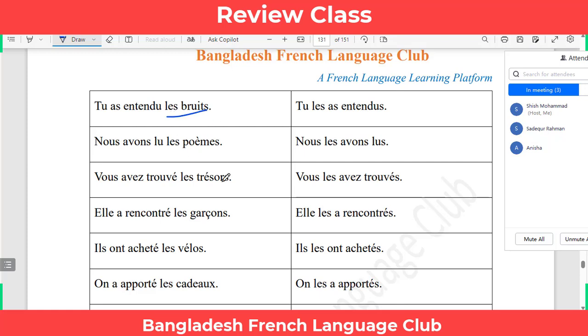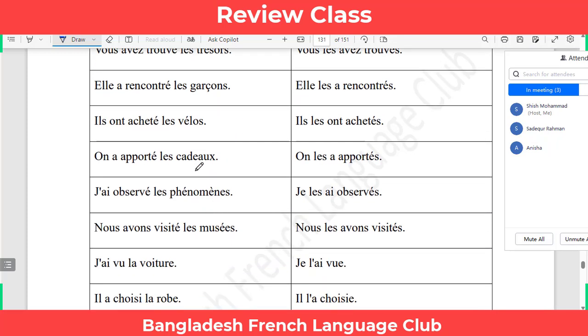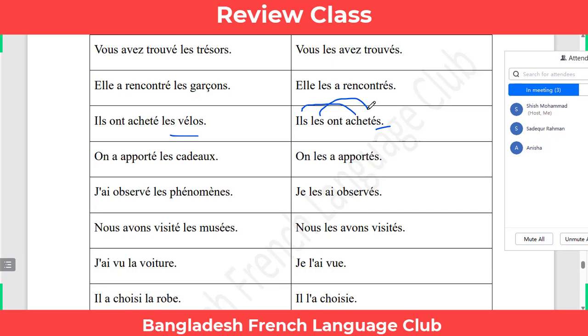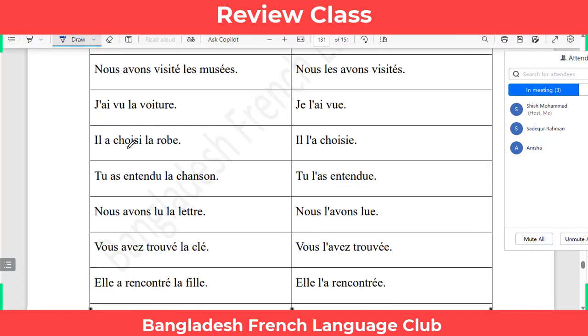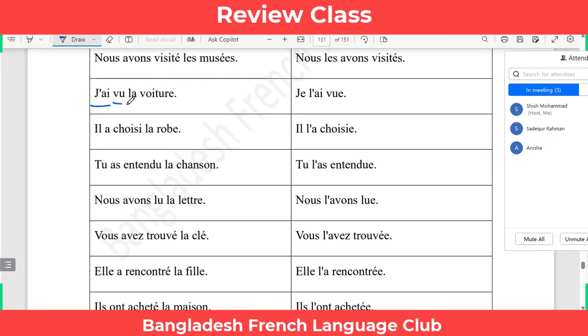And here le vélo, the same way, you can see the extra s here. Okay, so in this case the principal verb is not agreeing with the subject but with the COD. So I hope you understand. So here je vois la voiture.